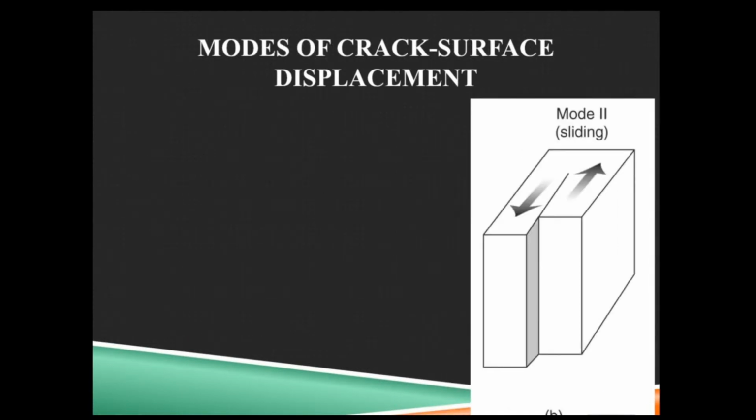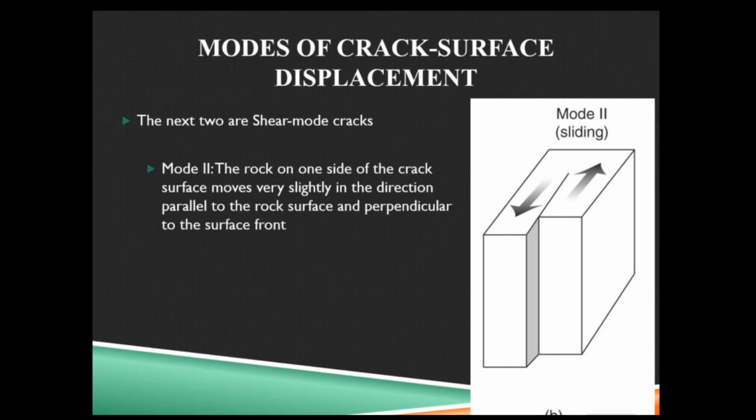Sliding, mode 2. This is for your shear mode cracks. The two sides are sliding past each other, and the crack is growing in the direction of the sliding. The surface moves very slightly.